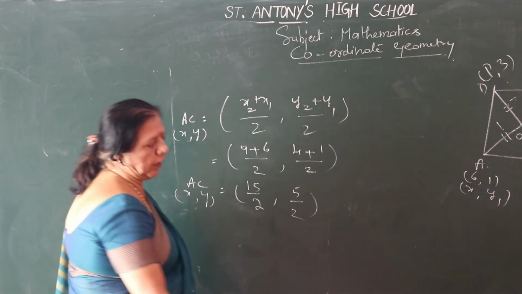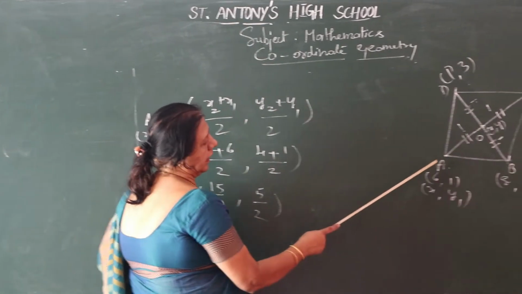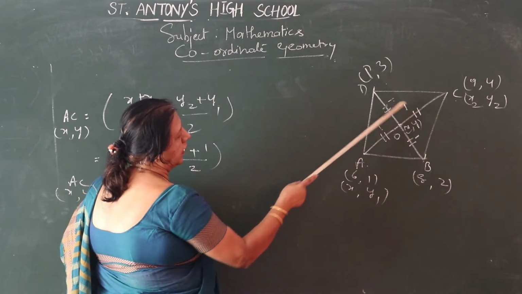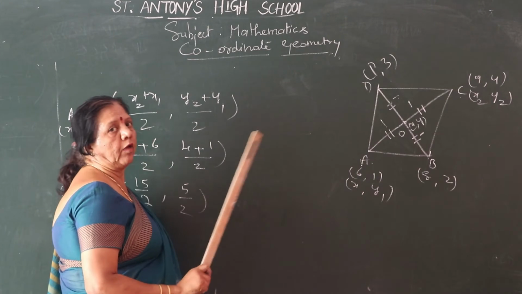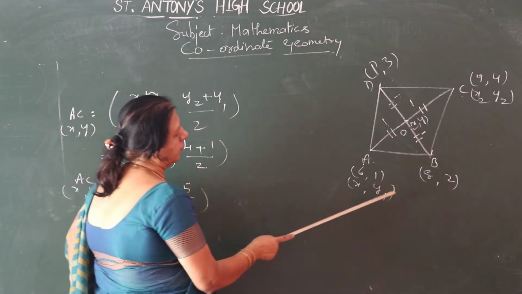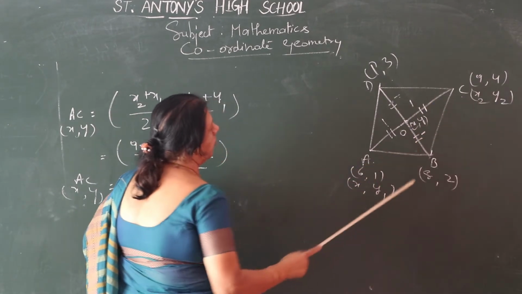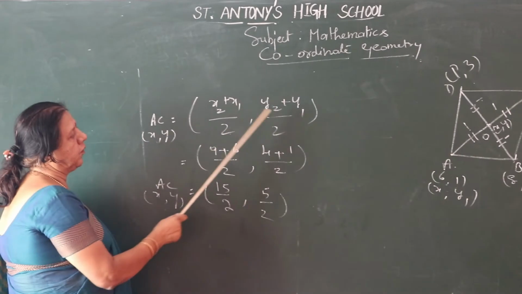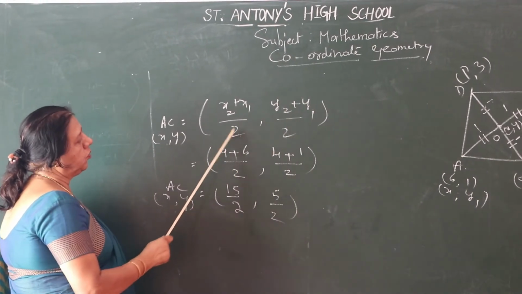So now look at the board. See here, AC is the diagonal. This m1 and m2 is 1:1. That's why we have not mentioned it in the formula. So now we have taken x1, y1, x2, y2. So here substitute. The formula is x2 plus x1 by 2, y2 plus y1 by 2.